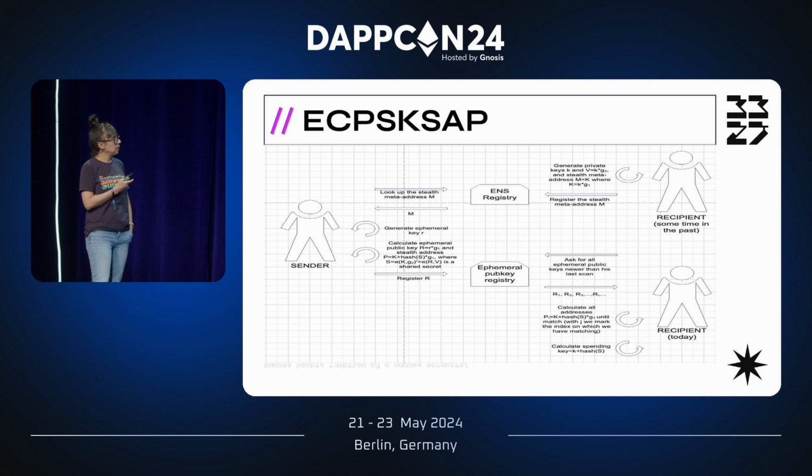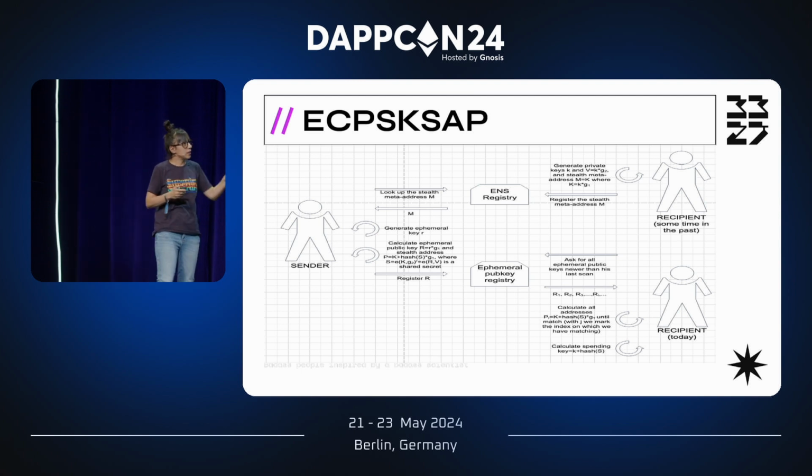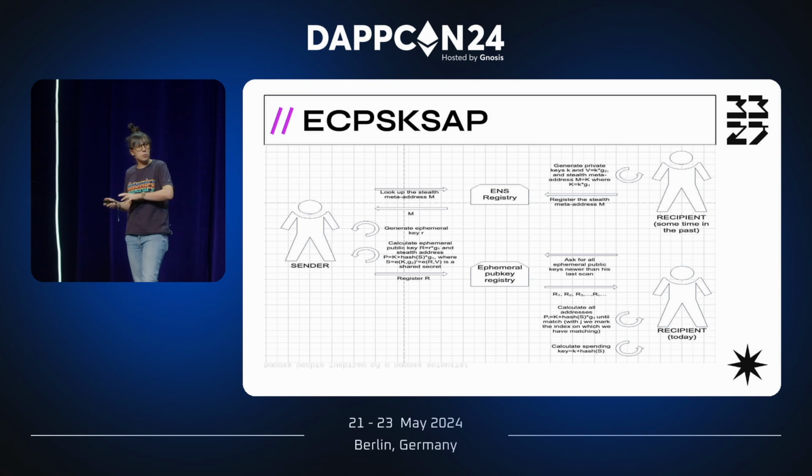And the public key for this stealth meta address will be the result of multiplication of little k with the generator point from the first subgroup. So we have the viewing key and the public key, and this large V and large K will be in this registry.